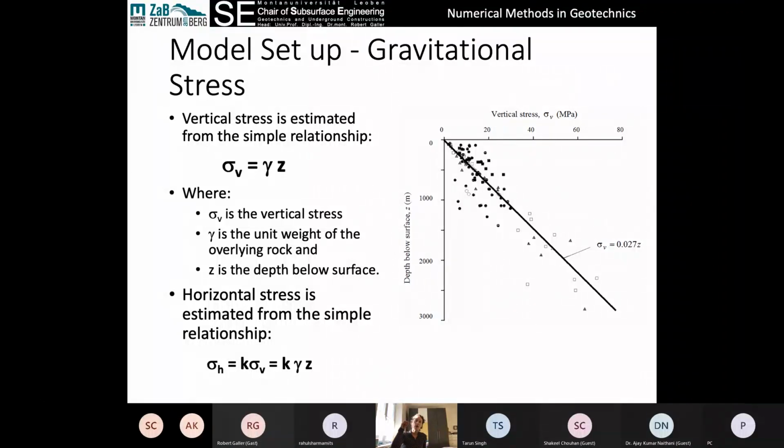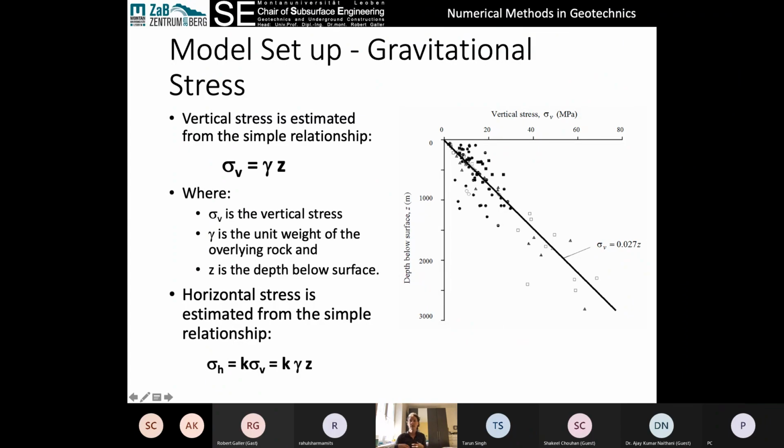When we tell a numerical software to use gravity, RocScience will do it, FLAC will do it, for example. We just say turn gravity on, use gravity. It will take some plane of reference as the surface of the ground, and then calculate the sigma v as a function of the density and the location of every element with respect to that surface. So it will give you a nice gradation of your increasing stress with depth. And then as long as you tell the model what the K0 factor is, it can also calculate what the horizontal stresses will be.